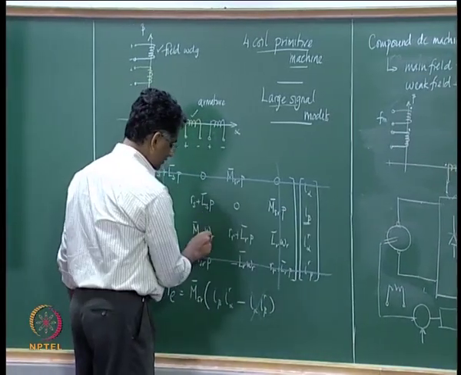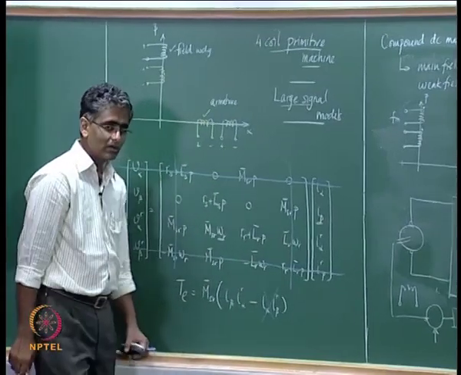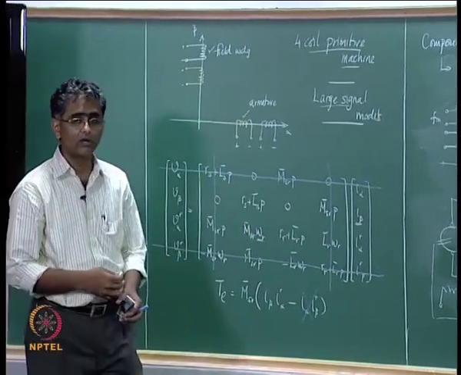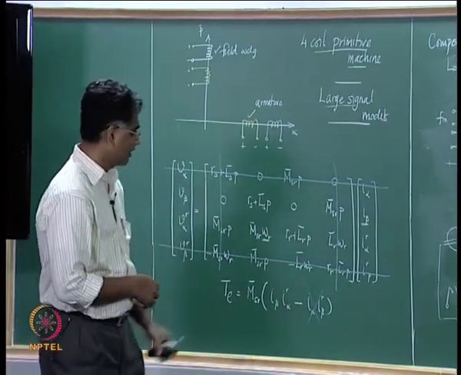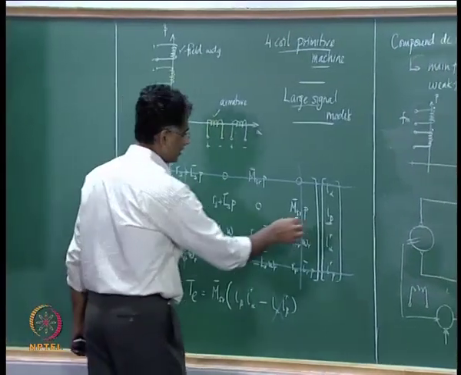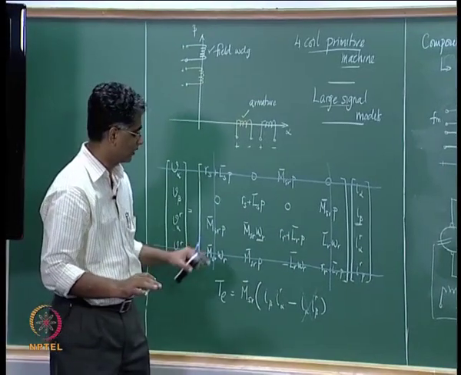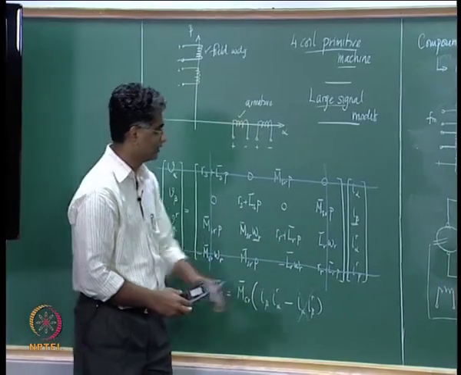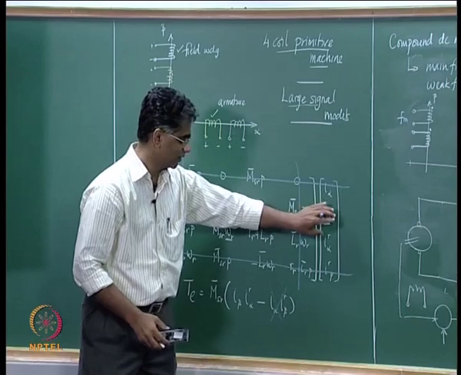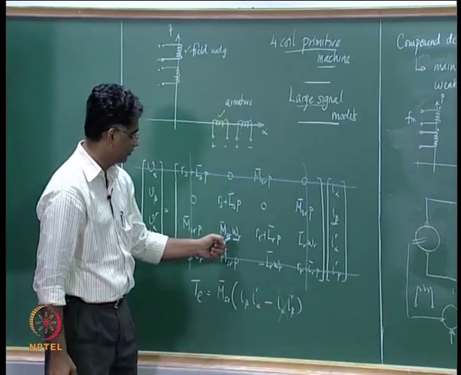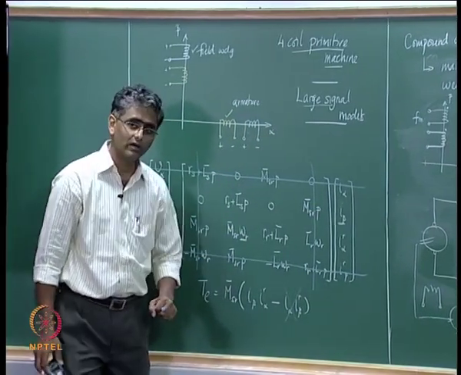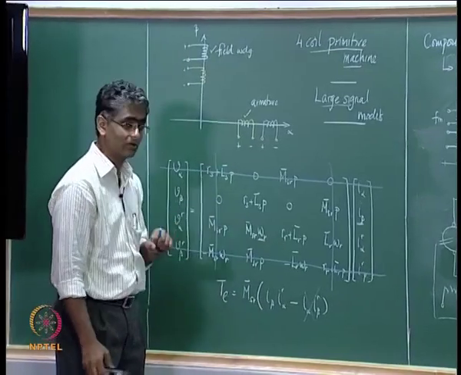So, this makes the system a nonlinear system. On the other hand, if the field current is maintained the same irrespective of what you do to the armature, then this becomes a fixed number and this is no longer a nonlinear system.